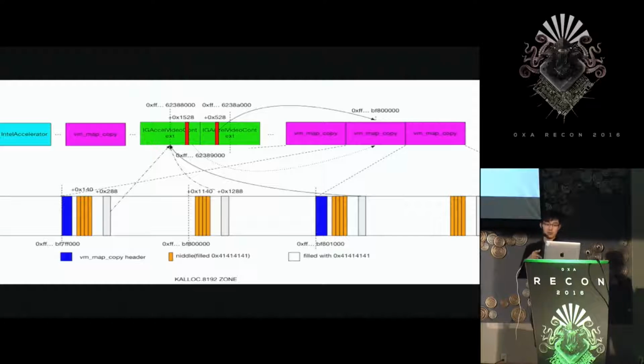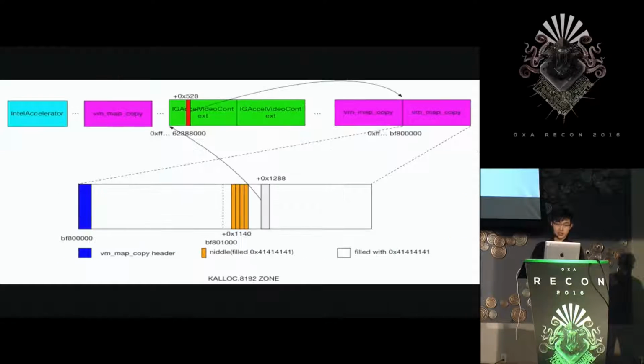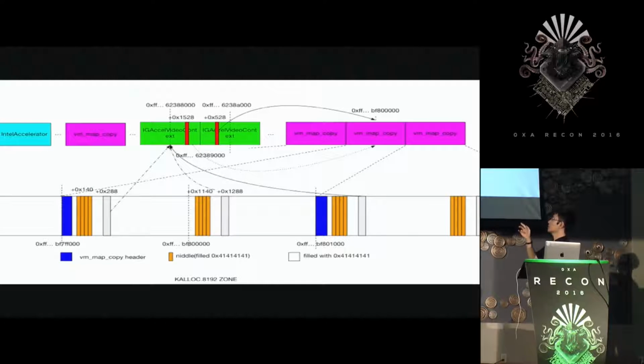By writing twice, we can ensure that at least one of these two IGXL video contexts will have its service pointer corrupted. For this situation, we do a double write. We will corrupt the IGXL video context starting at address A. In this situation, the IGXL video context starting at address A minus page size is not corrupted, because we have already written some meaningless field starting at 1528.